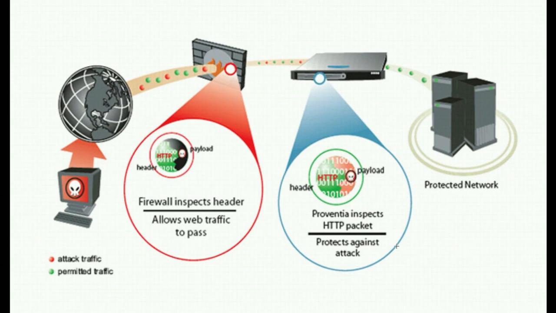Okay, this is the more technical setting of how IPS and firewall operate in the network. On this side, you will see the internet, then the firewall, the IPS, and the protected network. Down under the internet, you will see a red dot, which stands for attack traffic, and a green dot, which stands for permitted traffic.